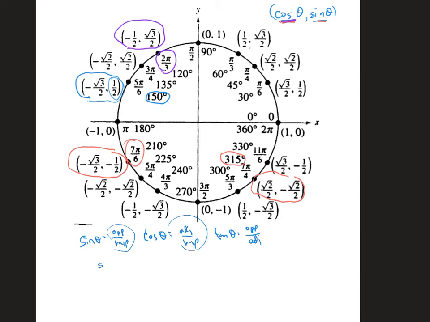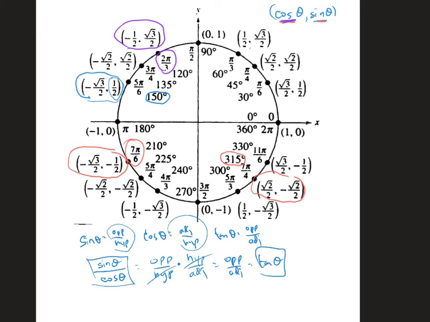If I were to take sine and divide it by cosine, that would be the opposite over hypotenuse divided by adjacent over hypotenuse, which is like multiplying by the reciprocal. The hypotenuses would cancel. And I'd be left with opposite over adjacent, which is the tangent of an angle. So essentially, tangent you can find by dividing the sine value by the cosine value.